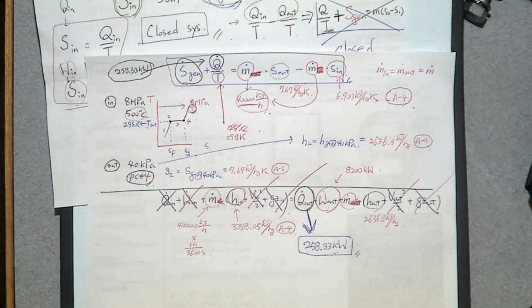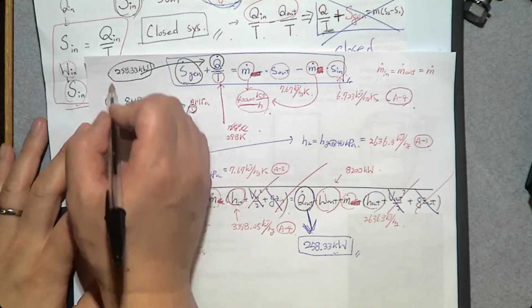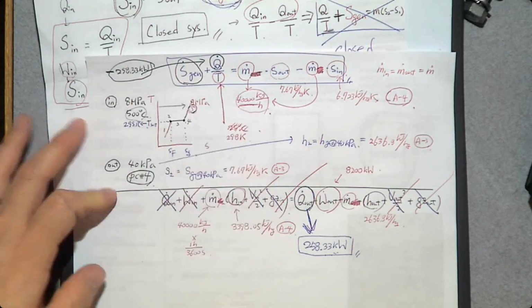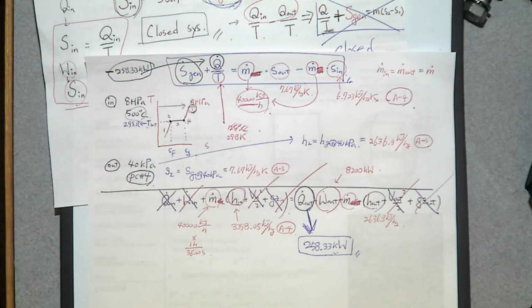There's a mistake, which is this one is Q dot out, the rate of heat transfer from the system to the surroundings. This Q dot is the net heat transfer rate. So we need to add a negative sign to show that this is outgoing heat transfer rate. So this one is minus 258.33.